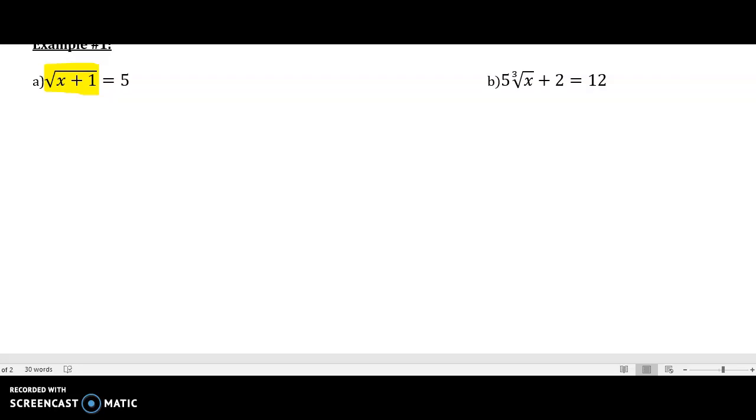So I want to undo this. Okay, remember if the root is not written there, it's a 2. So to undo it, I'm going to raise it to the second power. And remember, we have to balance our equations, keep it fair on both sides. So if I do it to one side, I have to do it with the other side.